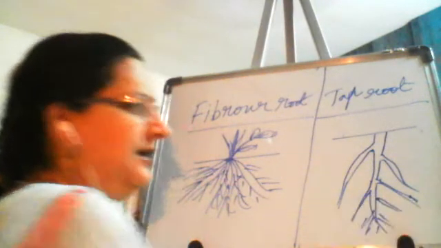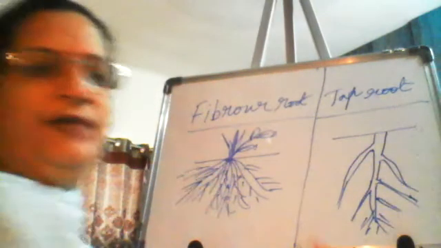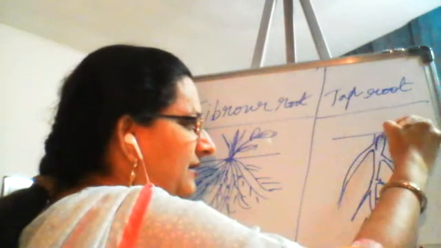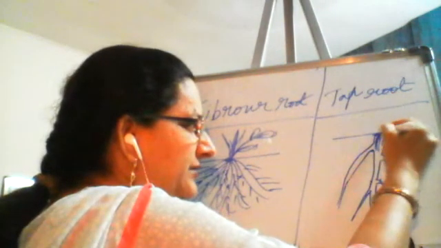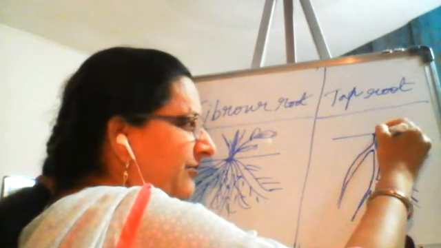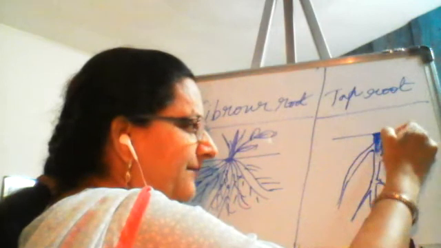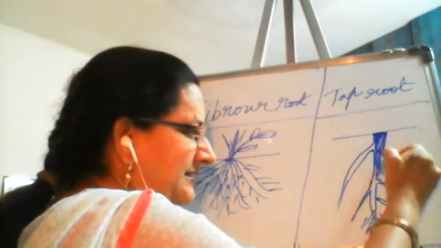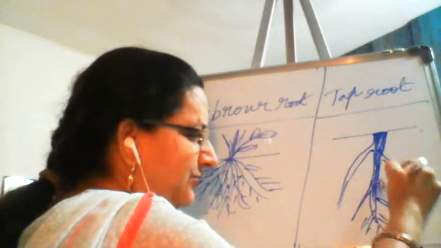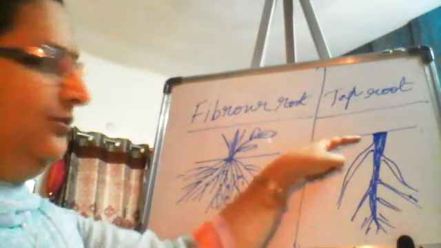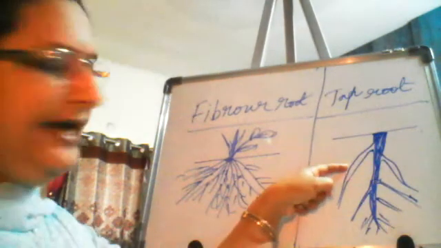So this is the tap root. Where is the main root? This is the main root. What you're seeing is the point from where the tap root is growing. And I'm just shading the main root so that you understand what the main root is. So this is the main root and these are the side roots.